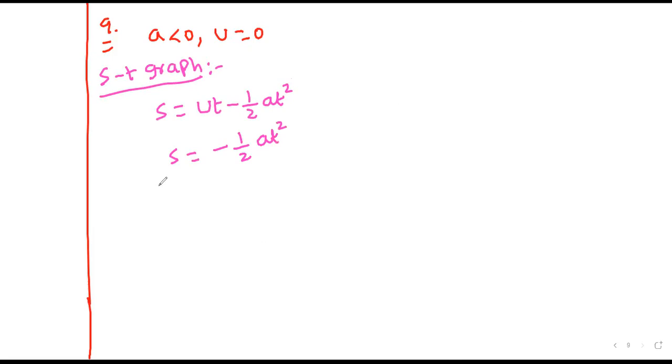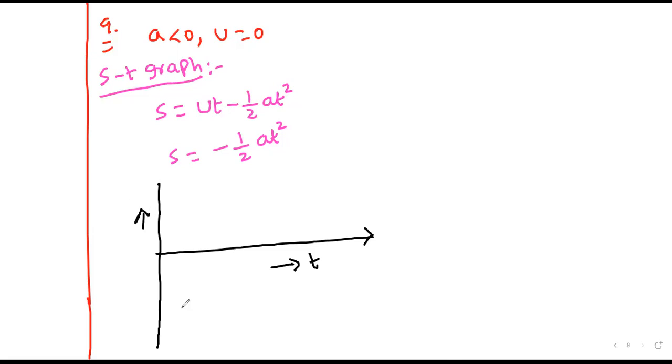So the graph will be: this is time and this is displacement. This is origin. From the origin, downward, it is a parabola shape.